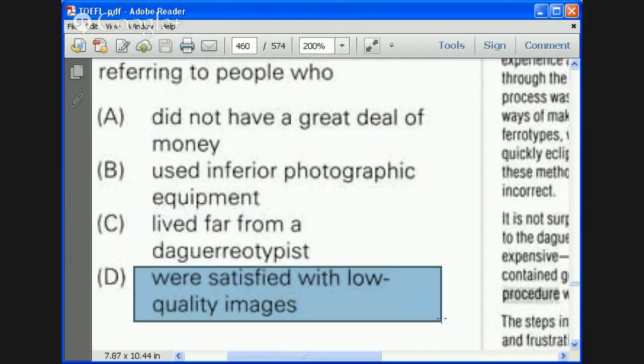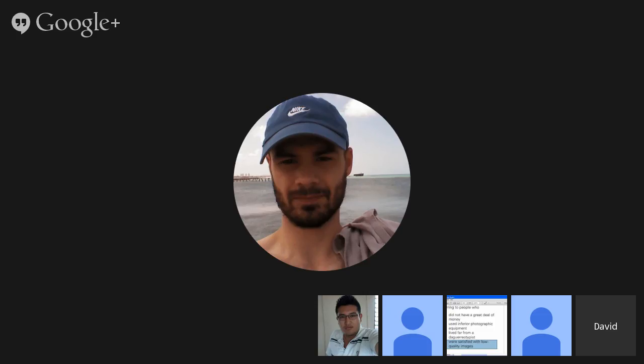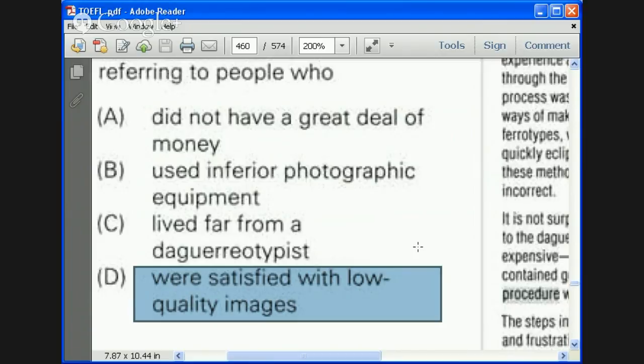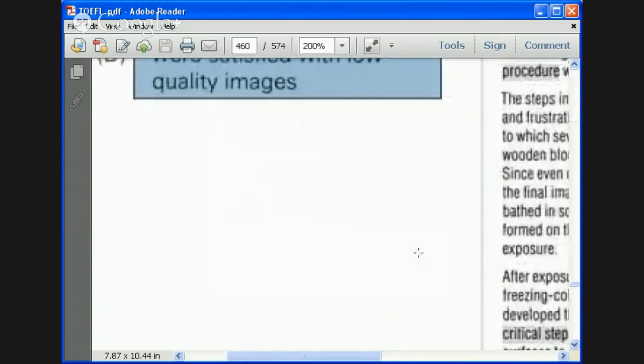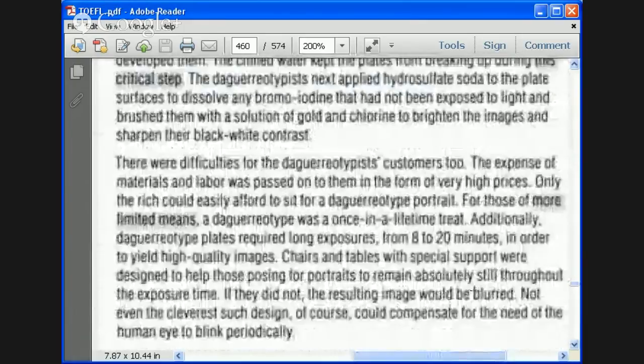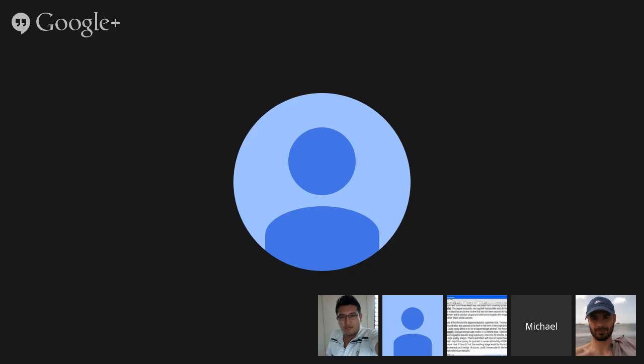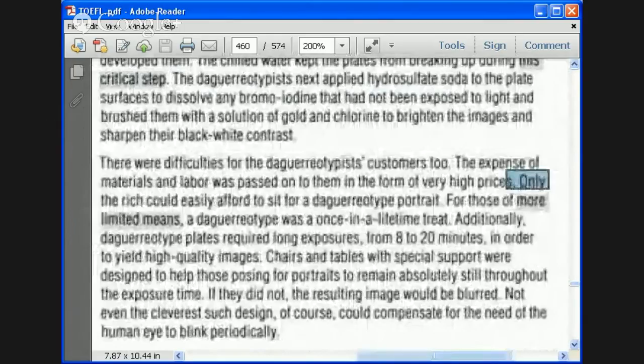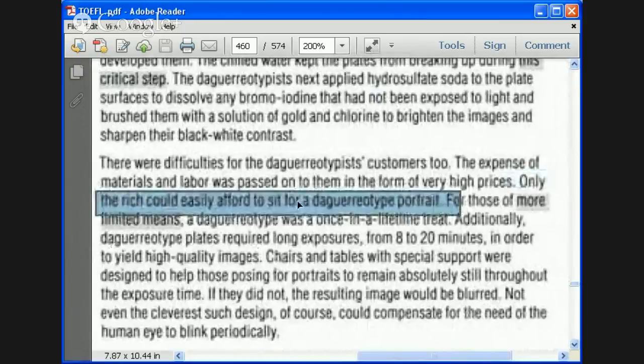What do you think? What is the author talking about in this section? Letter D, maybe. D? Okay. Wait a minute. Can you show me the words in the paragraph? Yep. For those of more limited means. So only the rich could easily afford to get a, okay, again, let's rephrase it in our minds.